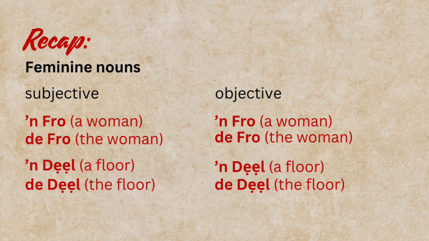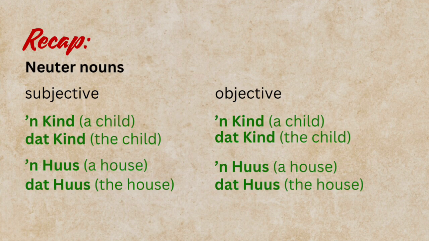Deel, de del. Del, de del. Neuter nouns. Een kind, dat kind. Een hoes, dat hoes.